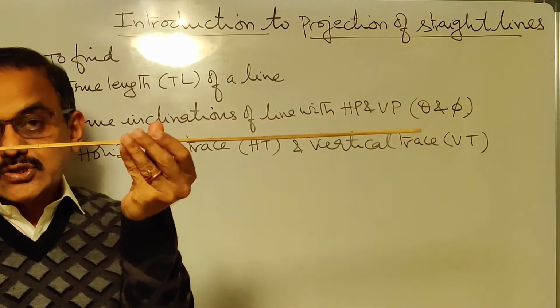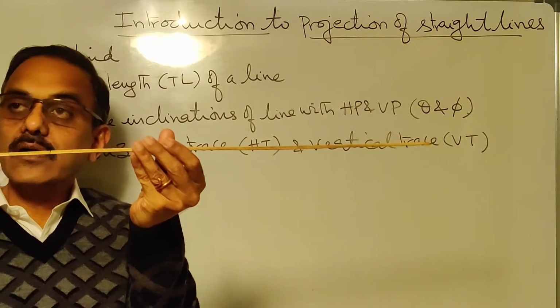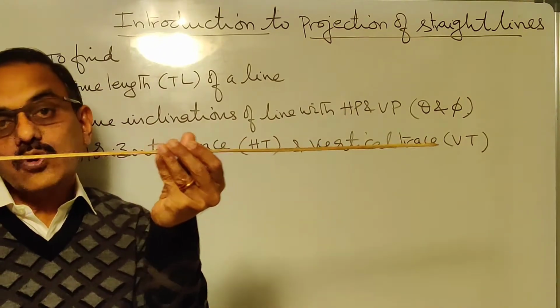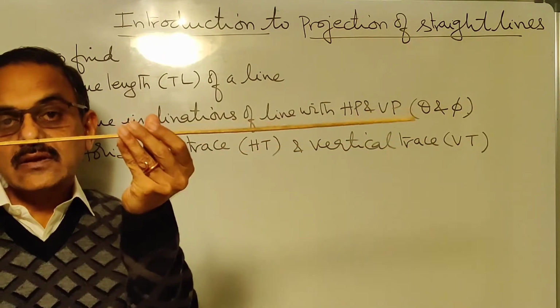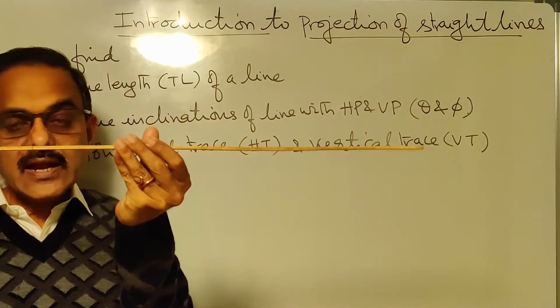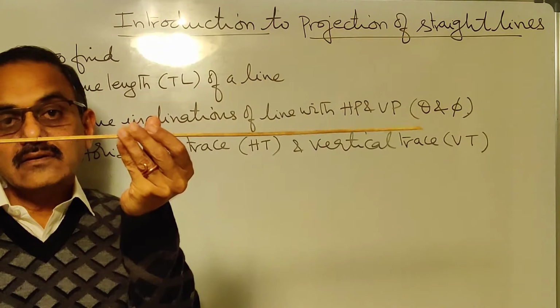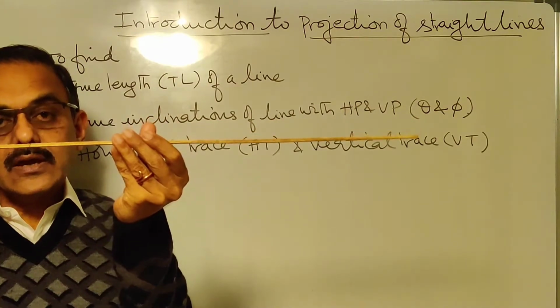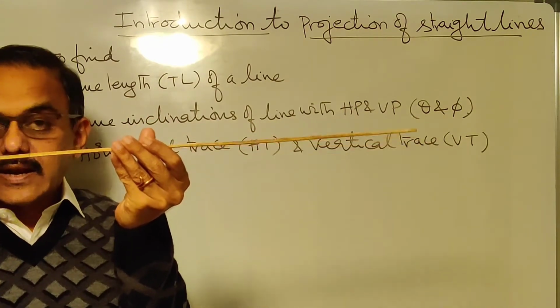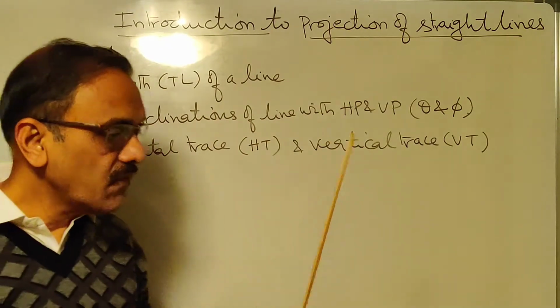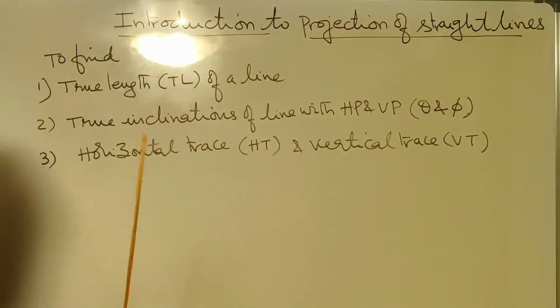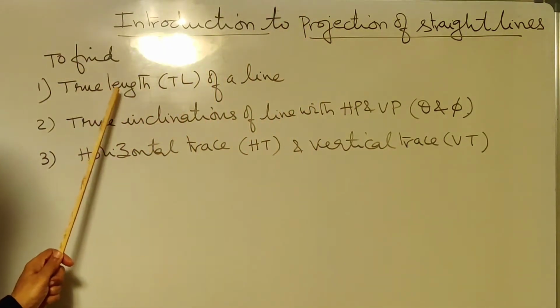When we discussed the projection of points, point has no dimension. It is dimensionless. Now, as soon as we enter projection of straight lines, it has got length, unidimension. No breadth, no thickness. They are neglected.